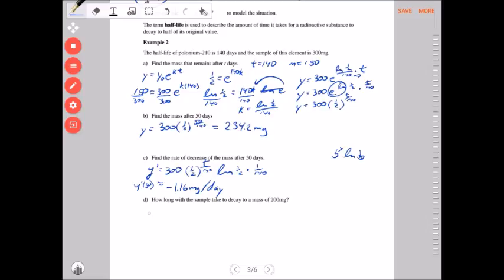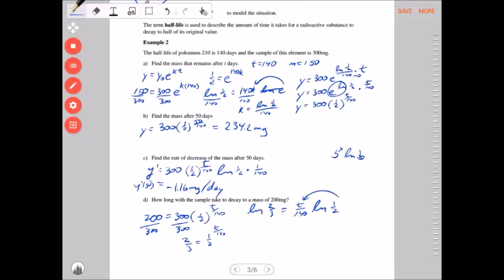And the last one, how long will the sample take to decay to a mass of 200 milligrams? So 200 equals 300 times 1/2 to the t over 140. Great, divide by 300. So really that's 2/3 equals 1/2 to the t over 140. We take the ln of both sides. So ln of 2/3 equals t over 140 ln of 1/2.